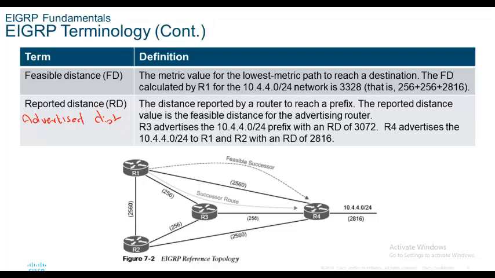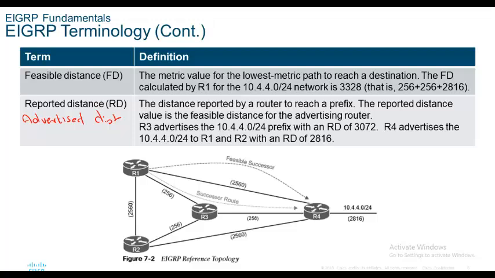The metric via the successor route to reach the final destination is what the feasible distance means, which is 256 plus another 256 plus 2816.